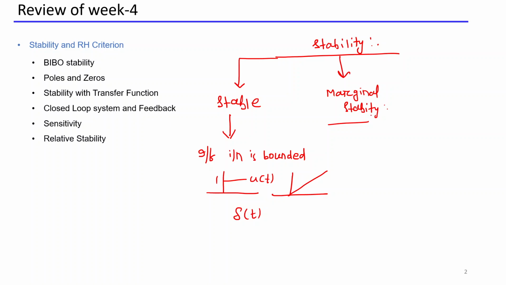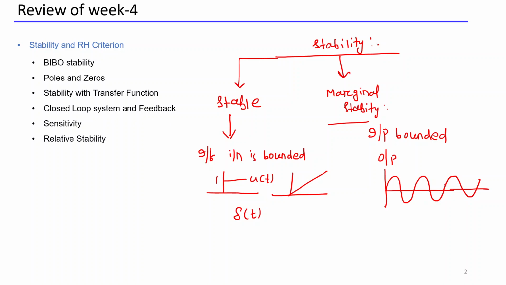Similarly, for the marginally stable definition, suppose I am giving an input signal which is bounded, but what will happen to the output? The output always maintains a constant amplitude and frequency of oscillation. It has a fixed amplitude and a constant frequency of oscillation, like a sine wave with a fixed amplitude of 1 to -1.